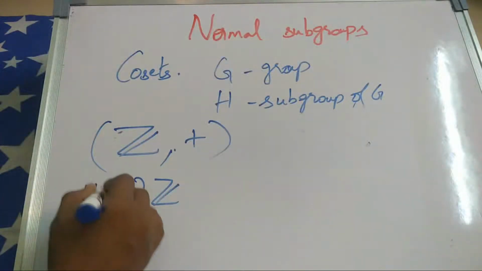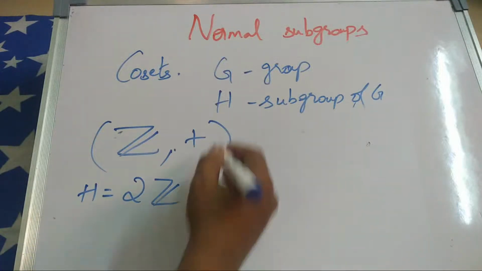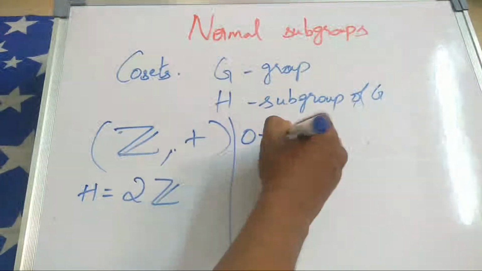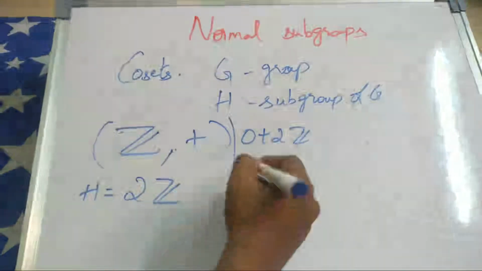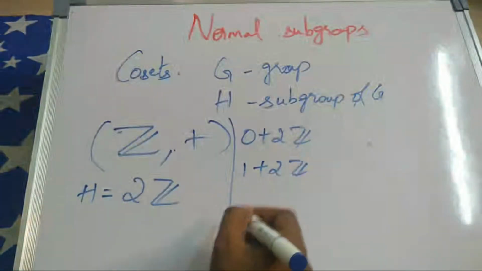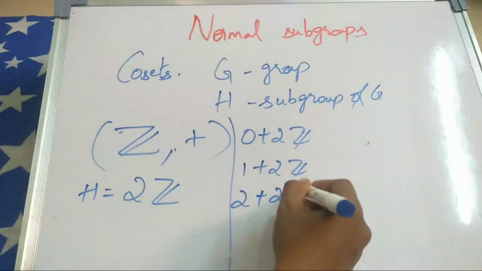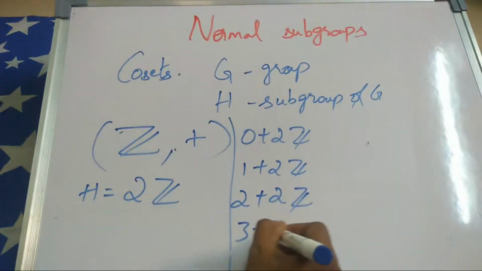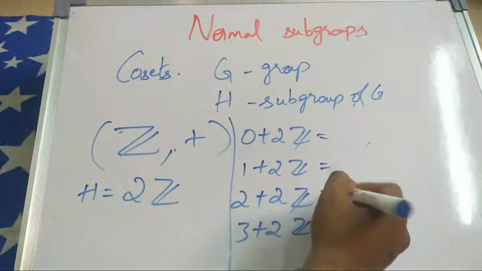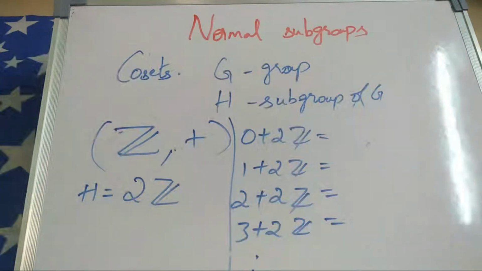So let this be my H. So what is 0 plus 2Z? 1 plus 2Z, 2 plus 2Z, 3 plus 2Z, and so on. These are going to be subsets of Z, and can you please check what is going to be 0 plus 2Z, 1 plus 2Z, etc. Can you please list out the elements?